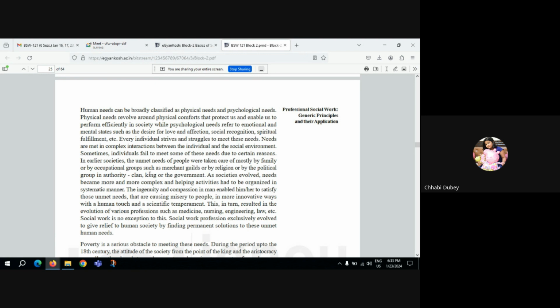Now, this resulted in an evolution of various professions like medicine, nursing, engineering, law, etc. And social work is also a result of this realization. Social work professions exclusively evolved to give relief to human society by finding certain permanent solutions to these unmet human needs.